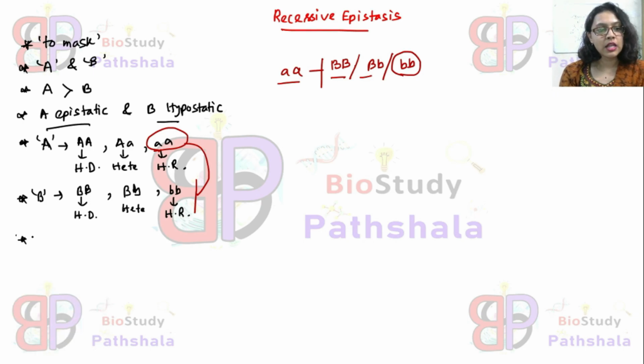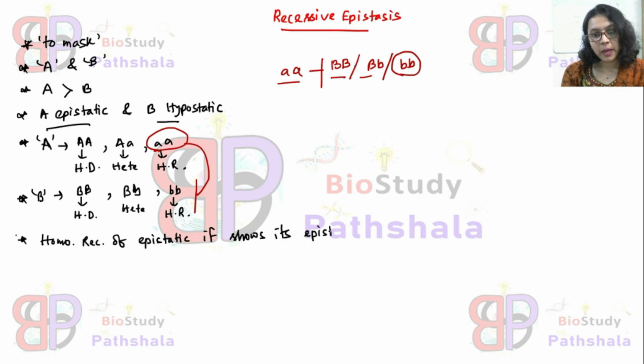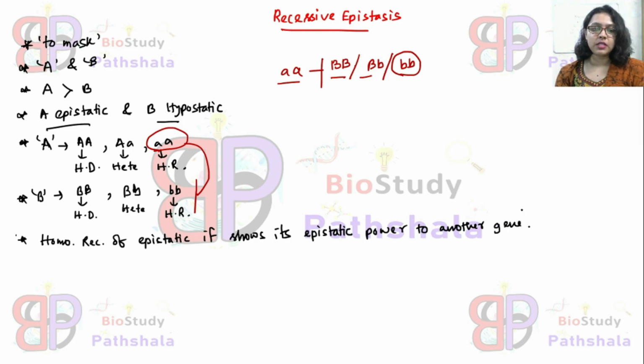So what is the definition of recessive epistasis? If the homozygous recessive form of an epistatic gene shows its epistatic power over another gene, this event will be known as recessive epistasis.